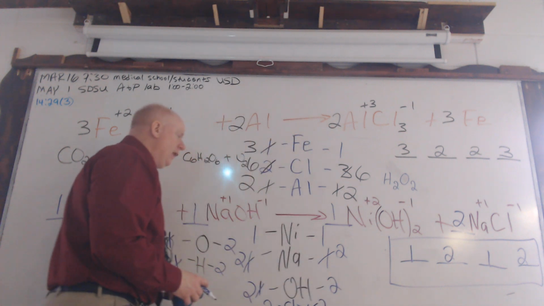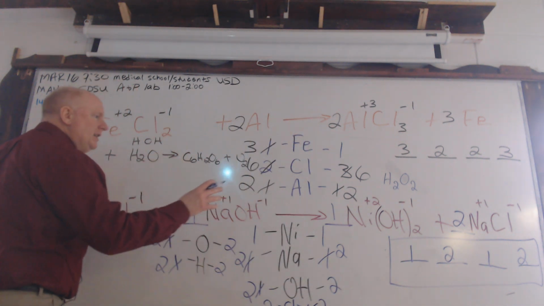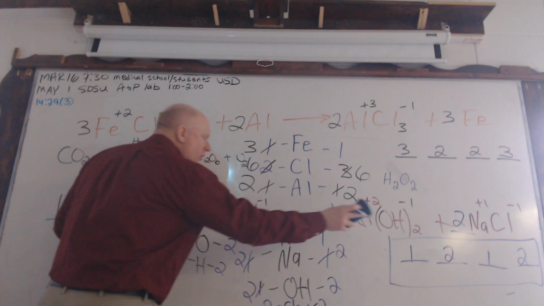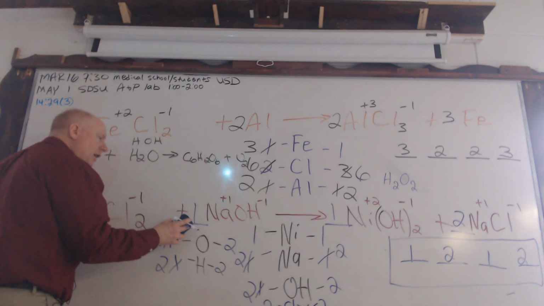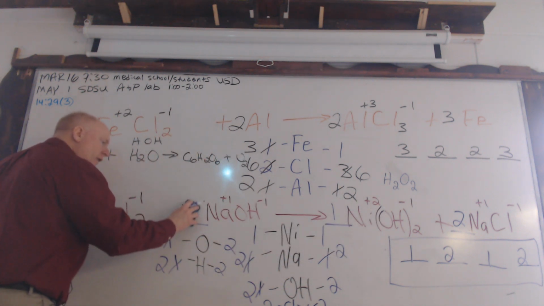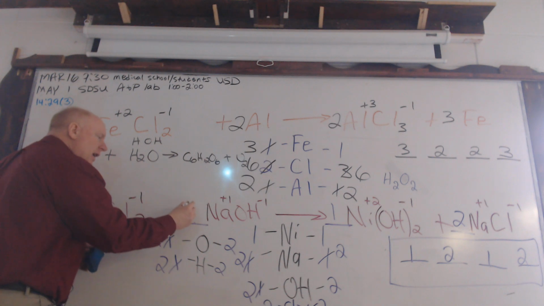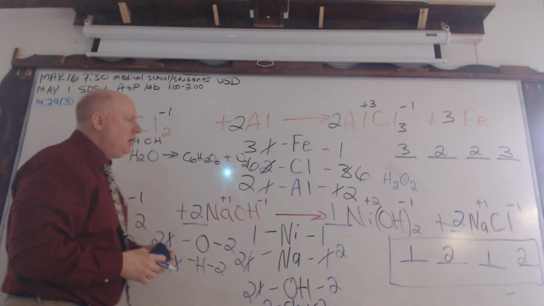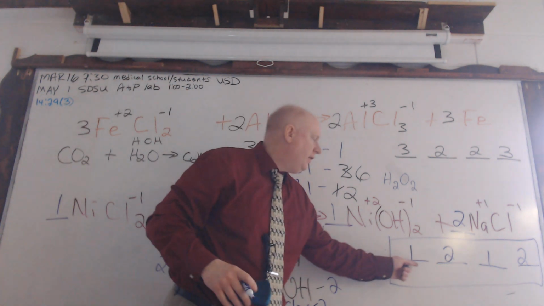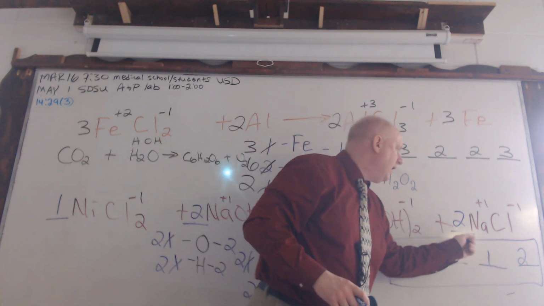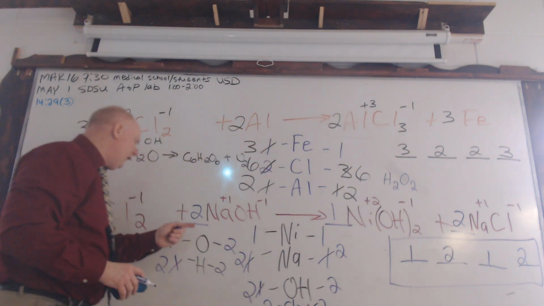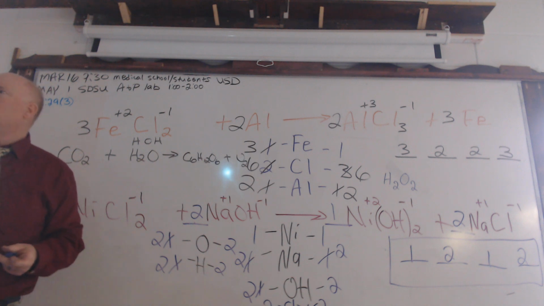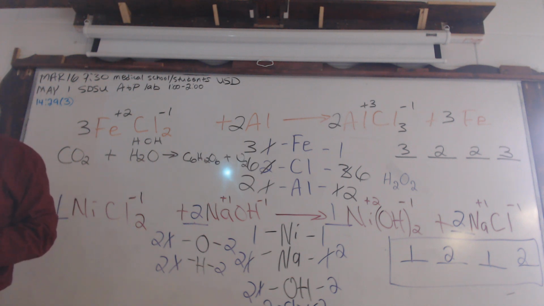Okay? Then once we had done that, we had 2 sodiums over there and only 1 over here. So what did we put in front of here? We changed that 1 to a 2. And that's why that number 2 is there. These blanks are the same ones that we see in front of here. It just makes it easier to compile all those answers together.